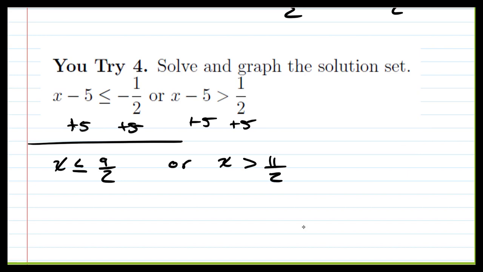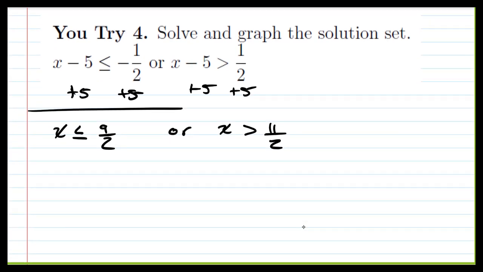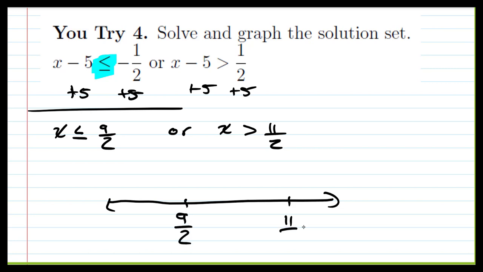So then this time we have to be a little bit more careful, because we notice here we have a less than or equal to, and then we have just a less than. So when we make our number line, we have 9/2 and we have 11/2, and we are going to include 9/2, so we get a square bracket, and then we don't include 11/2 because we don't have the less than or equal to on the other side.